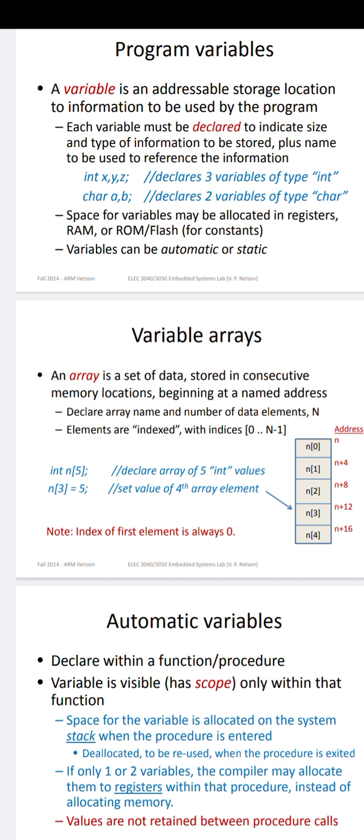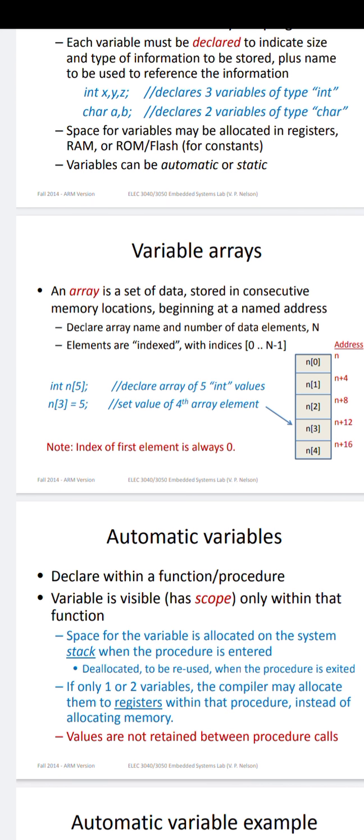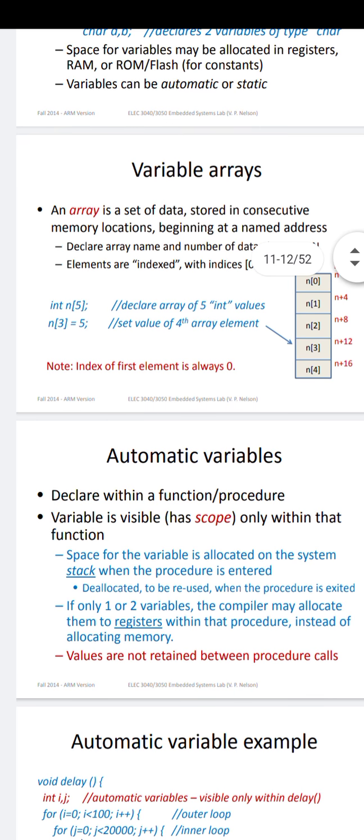Then int n[5]; declares an array of 5 integer values. Then n[3] = 5 sets the fourth array element, since the index of the first element is always 0.